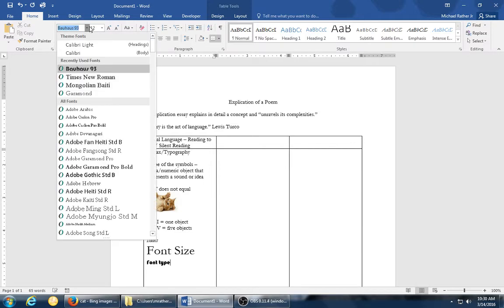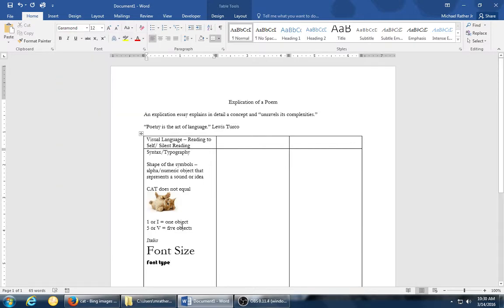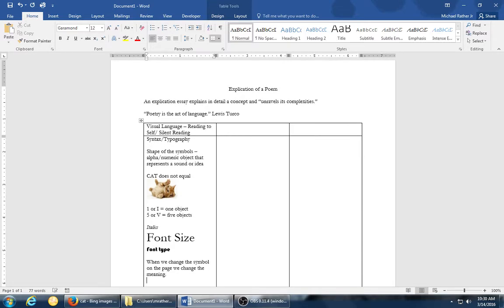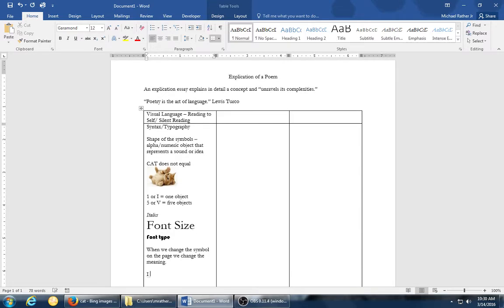All of those things create different meanings. So when we change the symbol on the page, we change the meaning. So there's a big difference between lowercase i, see even the autocorrect, it won't let me put a lowercase i, and uppercase I.